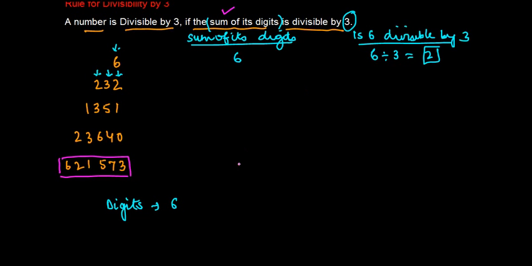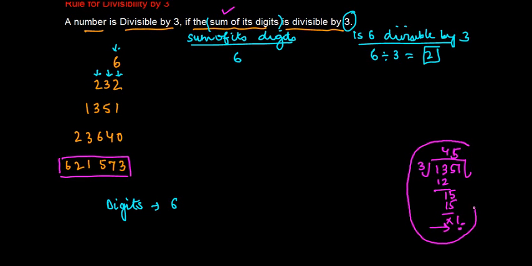For example, let's take 1351. I divide it by 3. 4, 12, 13 minus 12 gives you 1, then 5, and 5 times 3 gives you 15, then you have 1. 1 is not divisible by 3, so there's a remainder, hence we say that 1351 is not divisible by 3.